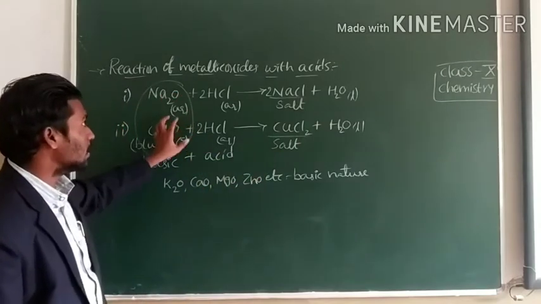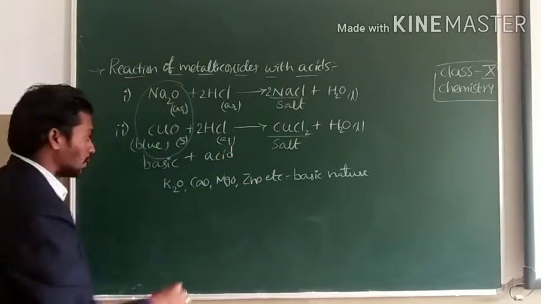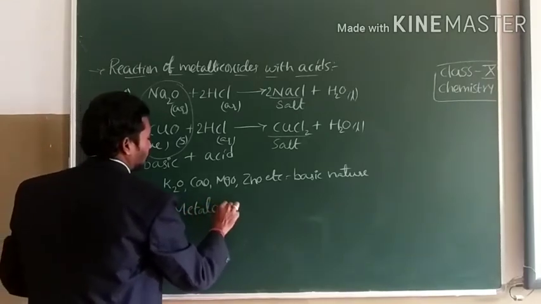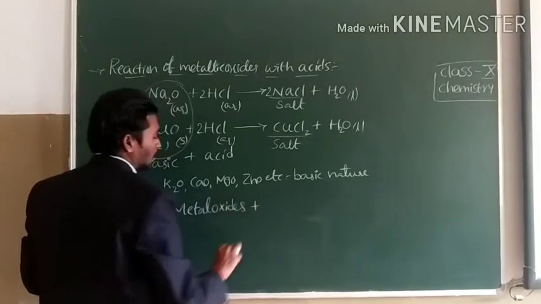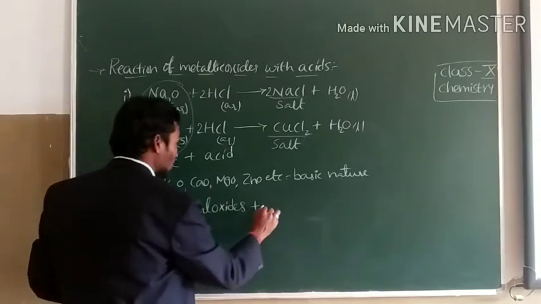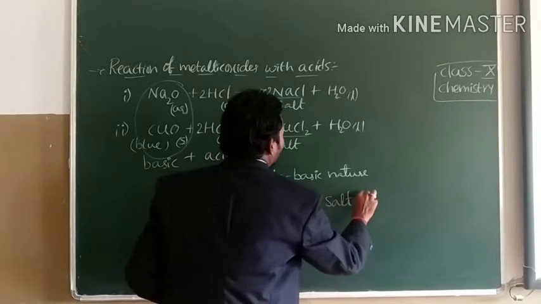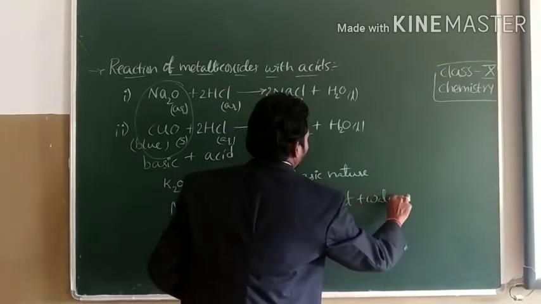So the general equation of the above experiment is: metal oxide reacts with an acid to form salt and water.